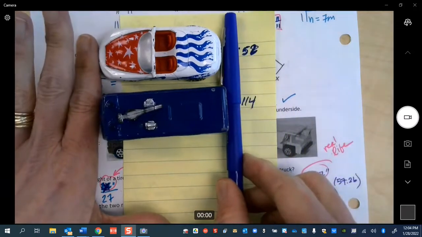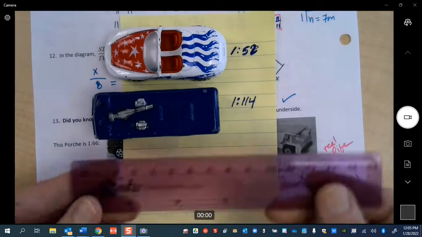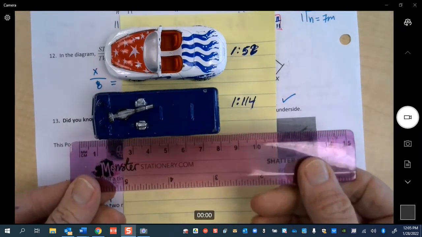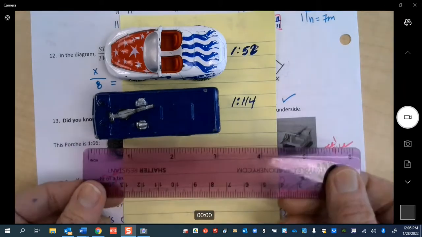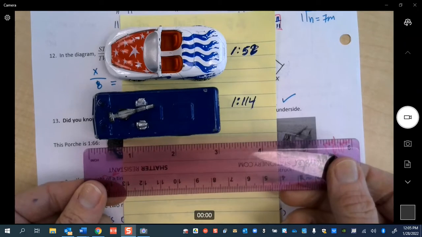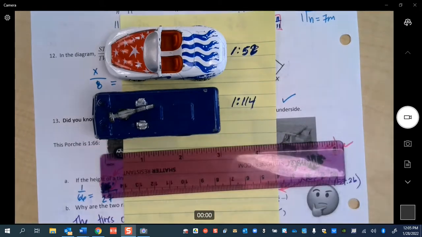But the interesting thing is, if you look at these cars, they're pretty much the same length, about 8 centimeters, a little bit more than 3 inches. So the interesting thing is, they're all scale models, but not even close to being the same.